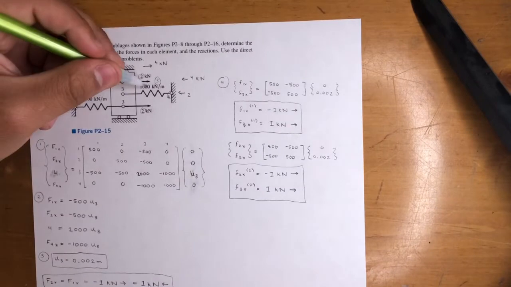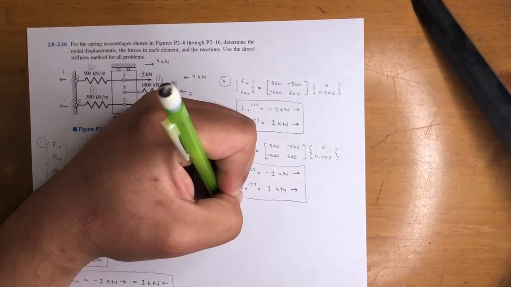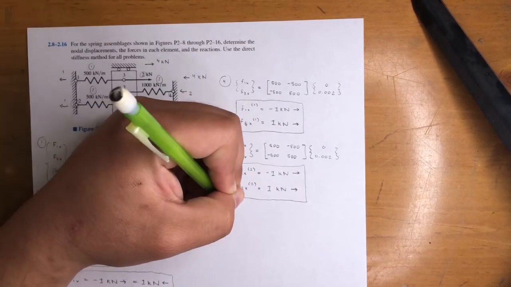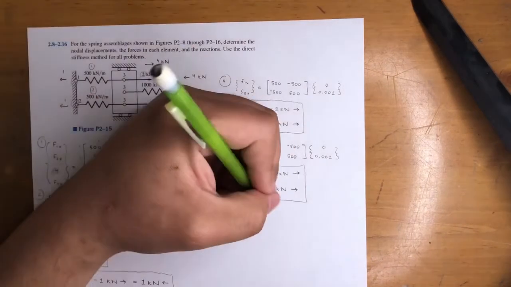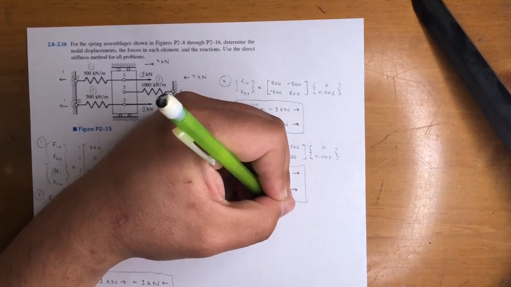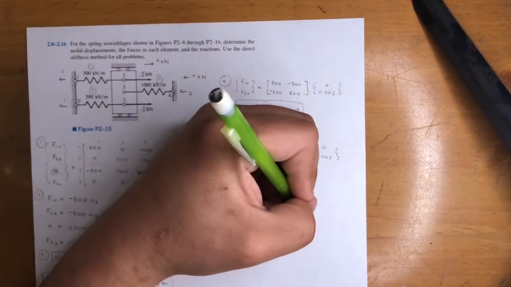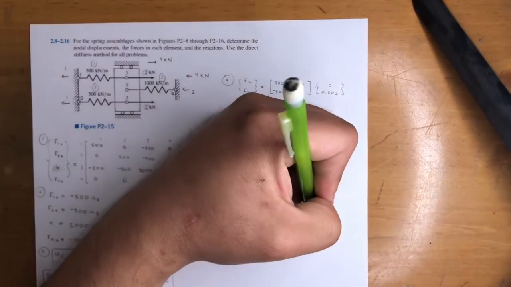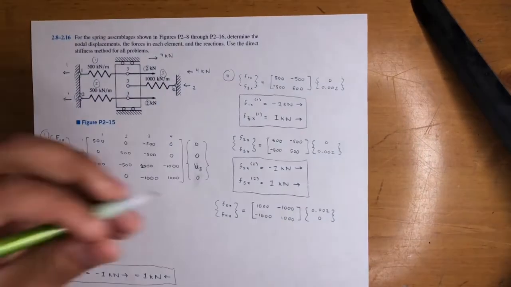And last one, element number 3, that is between nodes 3 and 4. So F3x, F4x equals the matrix. It's 1,000 now. So it's 1,000, negative 1,000, negative 1,000, and 1,000. That is between nodes 3 and 4, so it's U3 and U4 this time, so 0.002 up top, and 0.